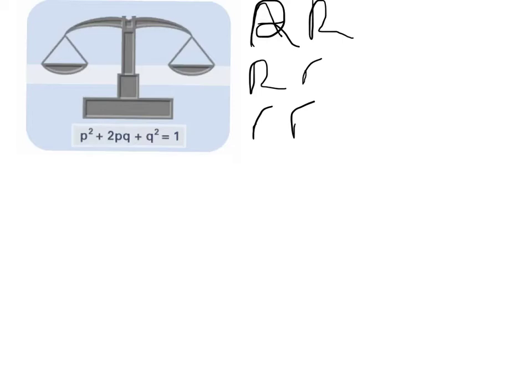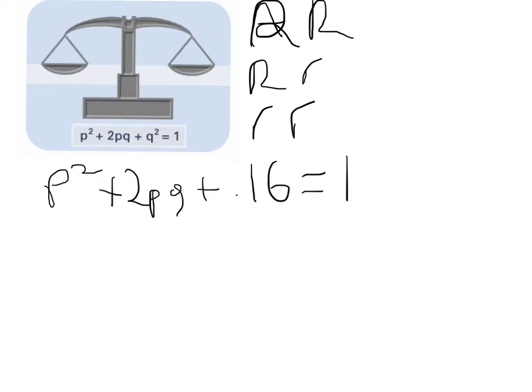So let's set up our equation. We know for a fact that 16% of the population is Rh negative, and the only people that are Rh negative, because the Rh negative allele is recessive, are people with the double little r's. So when we plug into our equation, q squared is going to be 0.16, or 16% of the population.